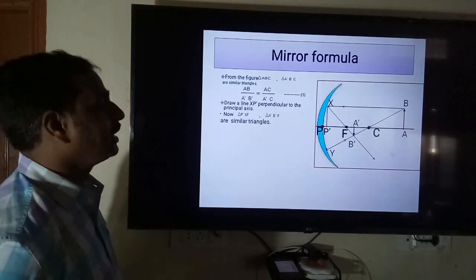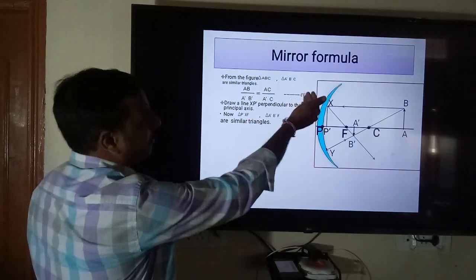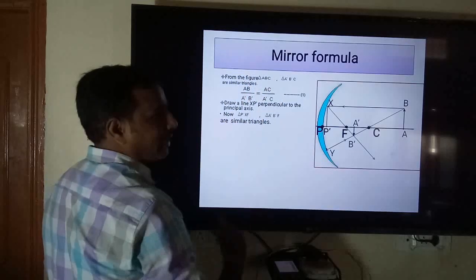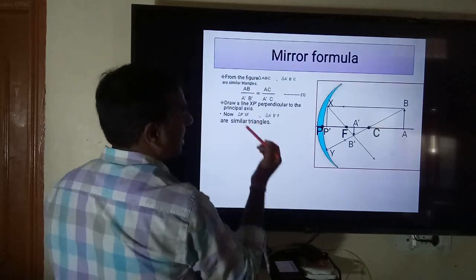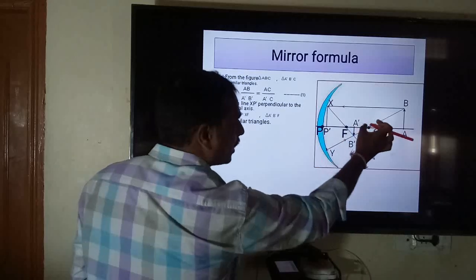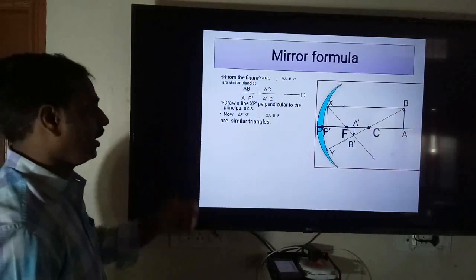So now we are writing the corresponding sides ratio as equal. Here we got one equation, that is AB by A'B' is equal to AC by A'C. See here, AB belongs to this triangle and A'B' belongs to this triangle. These two angles are equal, so opposite sides ratio is equal. Okay, that we are getting.